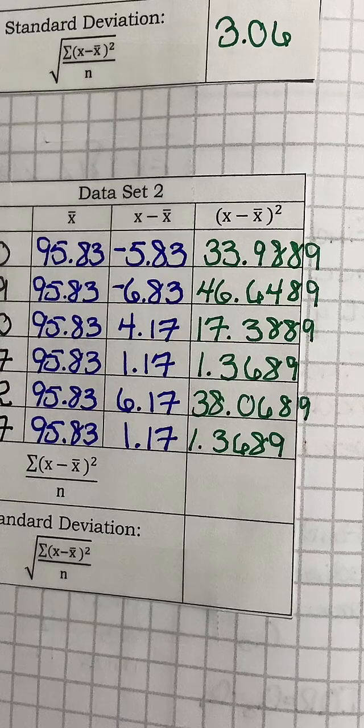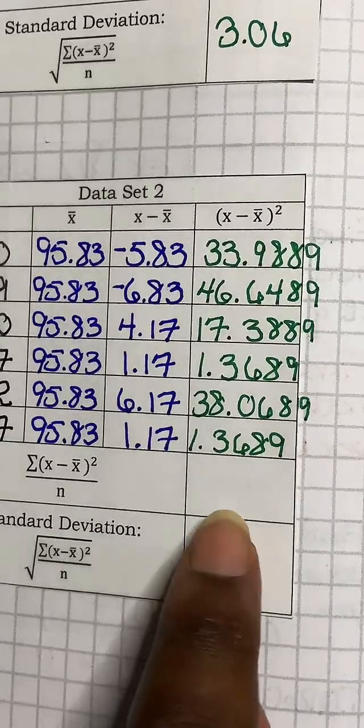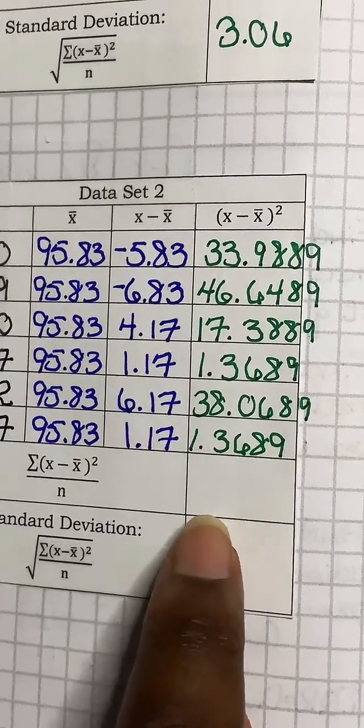So once you add them up, then you divide by 6. That's what's going inside this box.